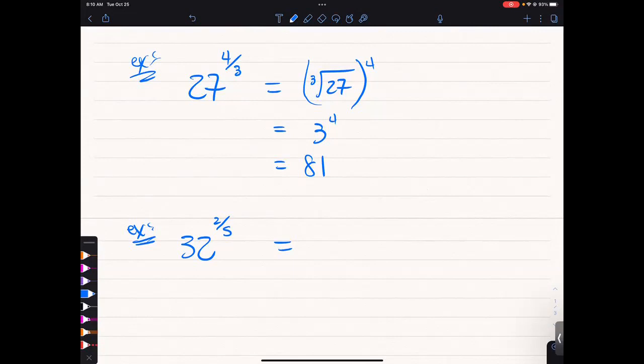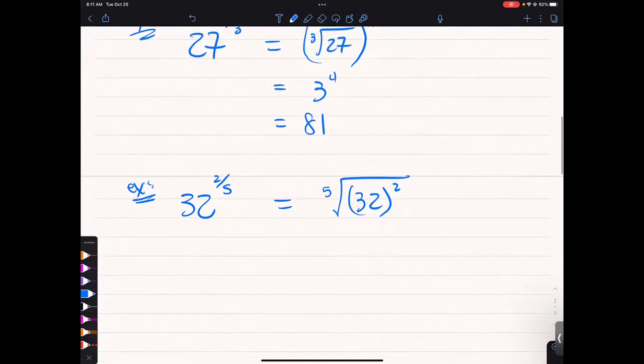It's like a normal square, right? So I can either do the fifth root of 32 squared. 32 squared is going to be some big number, and a fifth root is going to be a hard thing to do, but that would be it. Or the fifth root of 32, then squared.